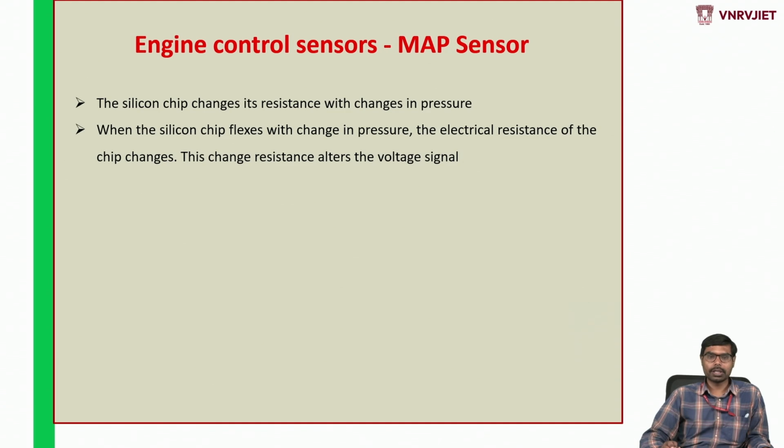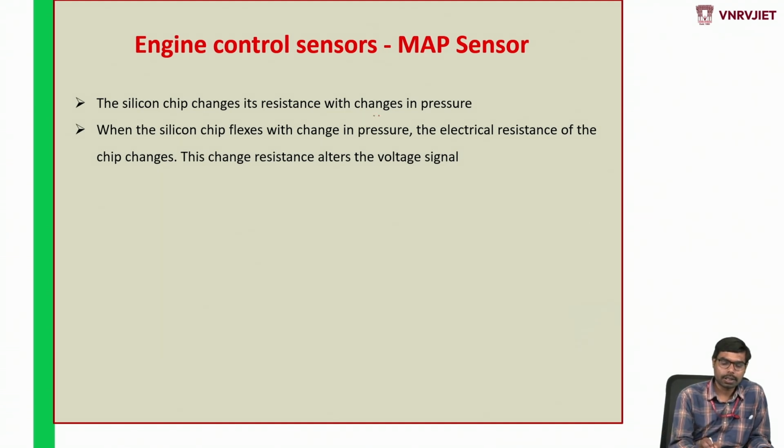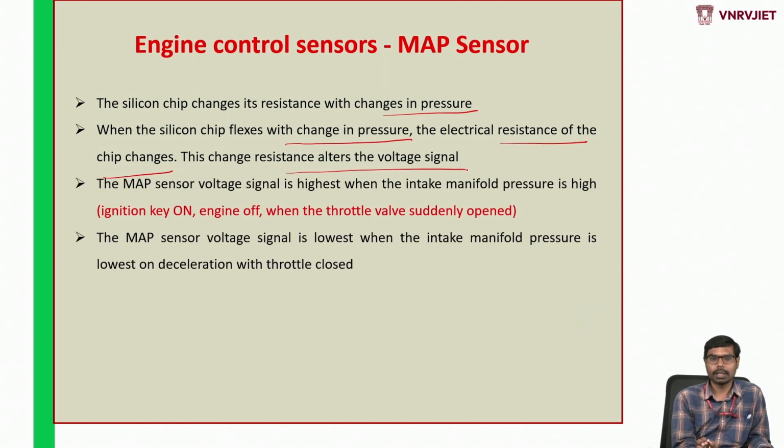Silicon chip changes its resistance with changes in pressure. When the silicon chip flexes with the changes in the pressure, the electrical resistance of the chip changes. This change in resistance alters a voltage signal. So the MAP sensor signal is highest when the intake manifold pressure is very high: ignition key on, engine off, or when the throttle valve is suddenly opened. Then the voltage signal is very high.